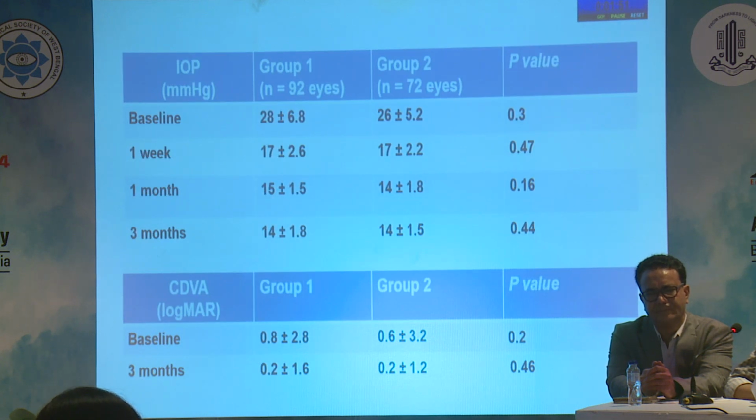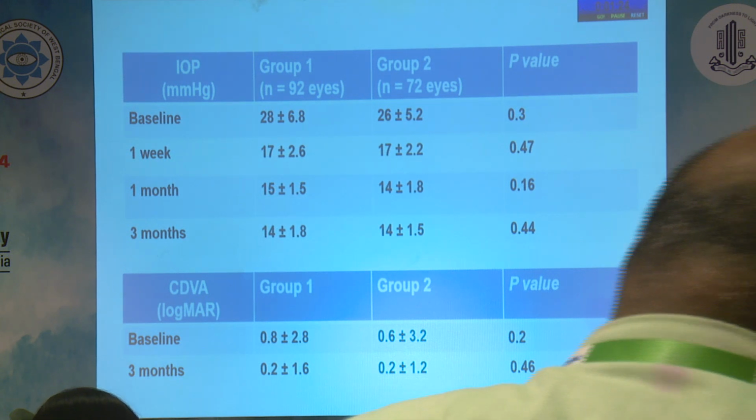The intraocular pressure reduced significantly in both the groups, and again there was no statistically significant difference between the both. We have also evaluated the success rate based on complete and qualified. Complete success is defined as IOP between 6 and 21 without the use of anti-glaucoma medications or interventions, and qualified success is the same intraocular pressure range with the use of anti-glaucoma medication.